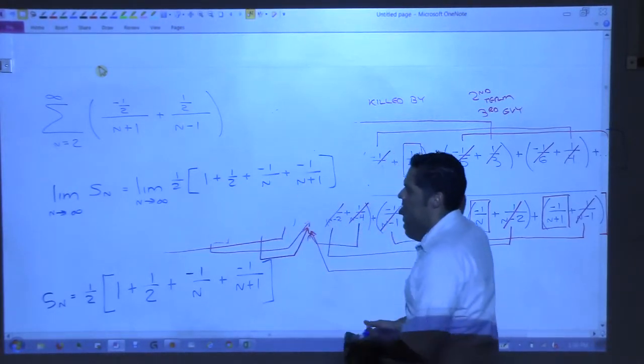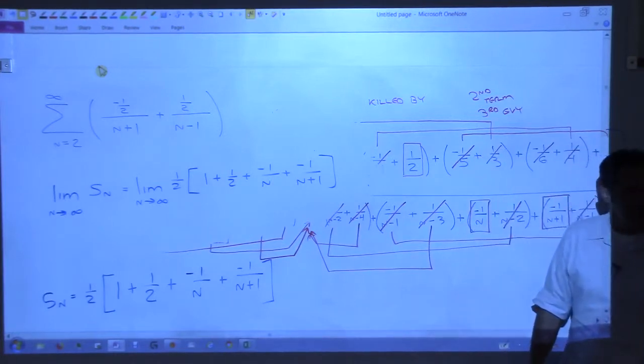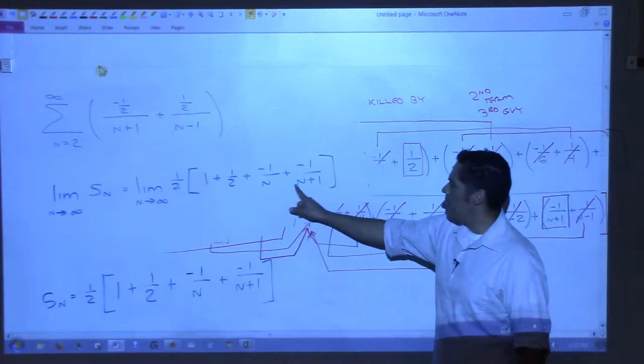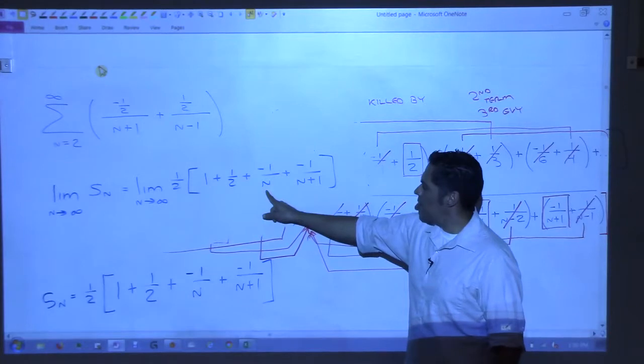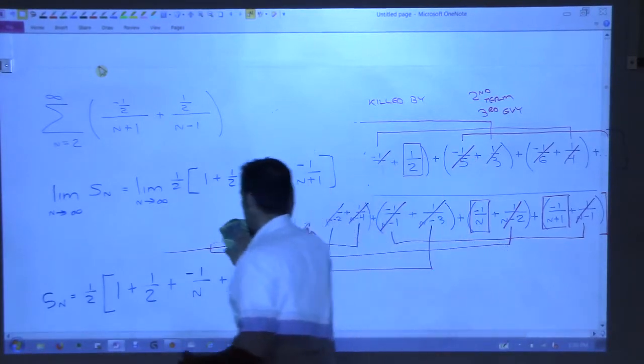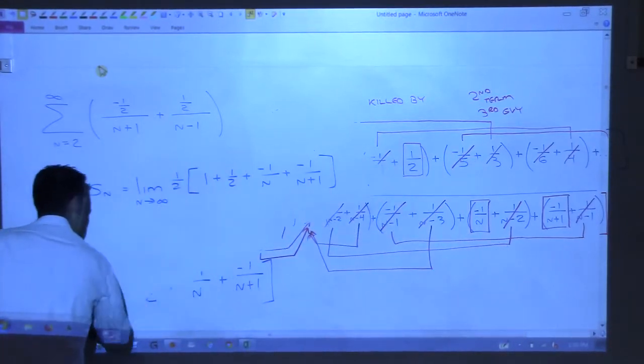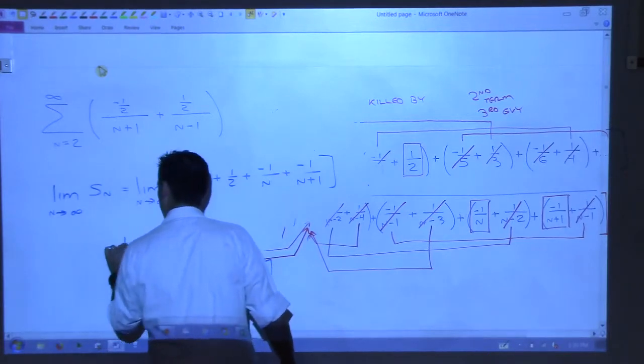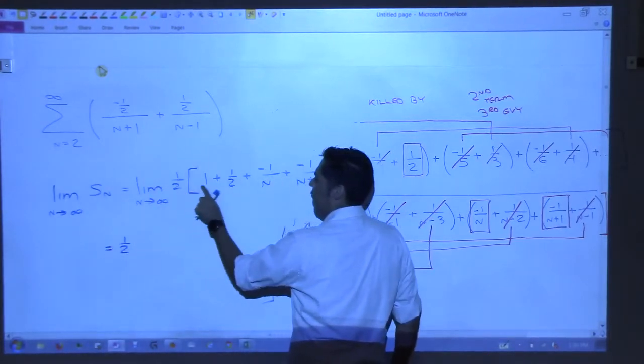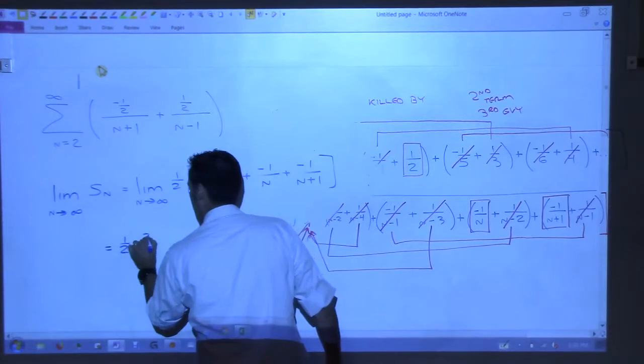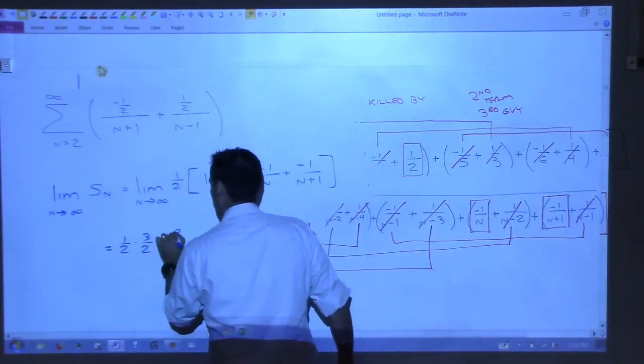And fortunately for us, that's a very easy limit to compute, isn't it? Because that goes to 0 and that goes to 0, which means all you're left with is 1/2 times 3/2. 1/2 times these two together is 3/2. So you get 3/4.